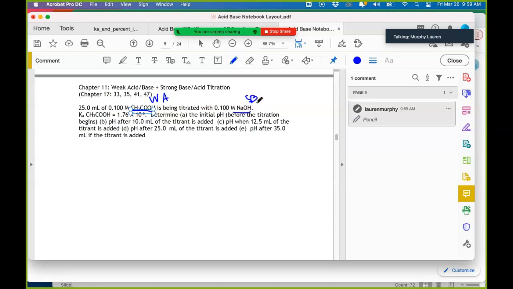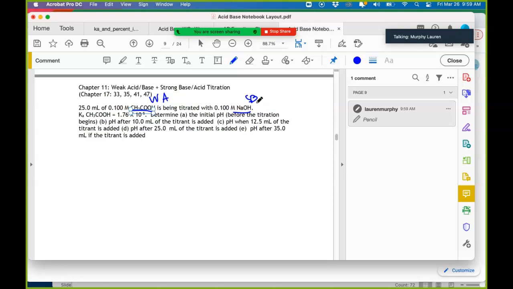Now, there are 2 ways to know that acetic acid is weak. One way is that you memorized all of your strong acids and it's not one of them. So it's weak by default. What is another hint in this problem that acetic acid might be a weak acid? They gave you the Ka value.